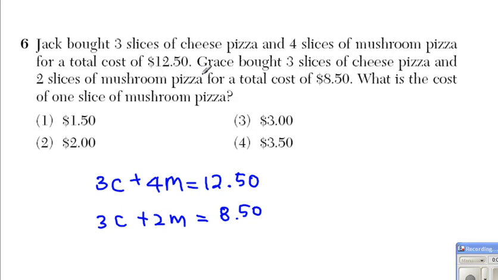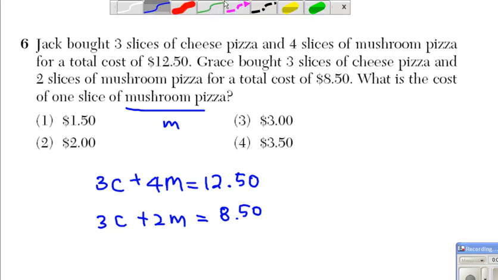Now, we're looking for the mushroom pizza, which means we're looking for M. Notice the C's are the same, not the M's, and you can see that right over here.